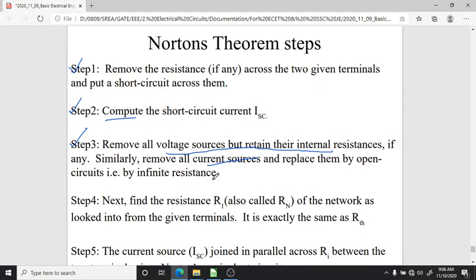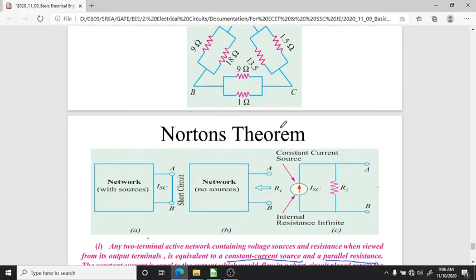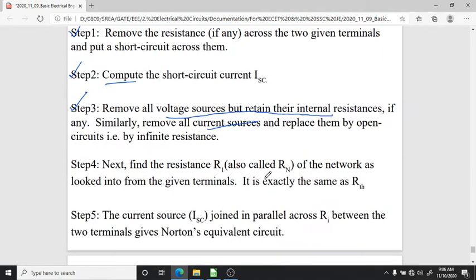Step 4 is to find the resistance of the network looked into from the given terminals. After opening A and B for calculating Norton's resistance, you need to see the effective resistance across terminals A and B. This is exactly the same as RTH, Thevenin's resistance.